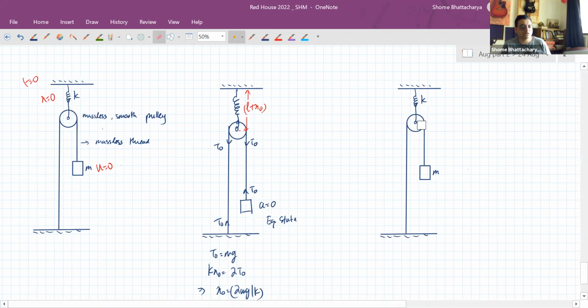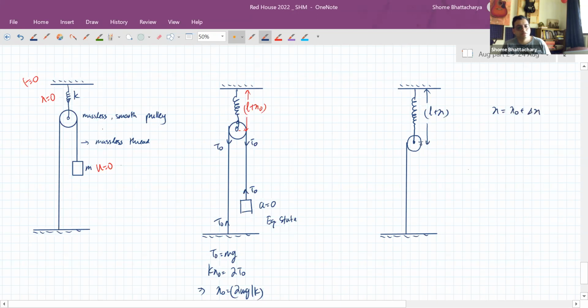Now compared to this, if we take a situation where the spring has got a further displacement of X or whatever, now this has become L plus X, where X is basically equal to X naught plus some delta X.